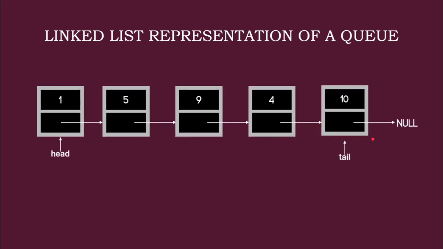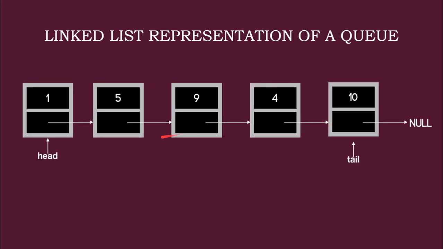Now let us see how it is done using the linked list. We know that a linked list consists of data and an address node. In the linked list, the header is the front of the queue, and the header pointer points to the successive element of the queue. Likewise, in the concept of linked list, the address points to the next element of the list.